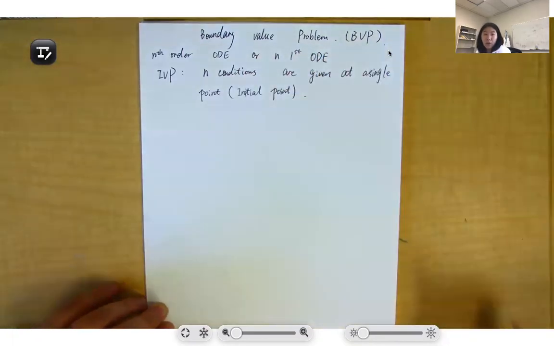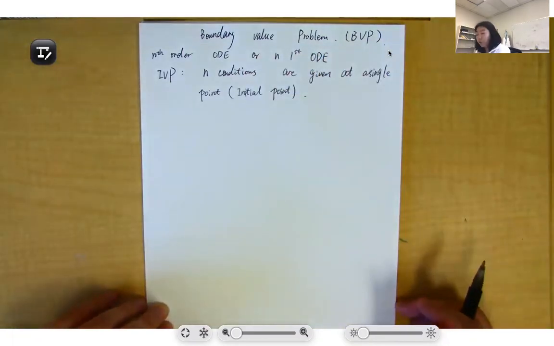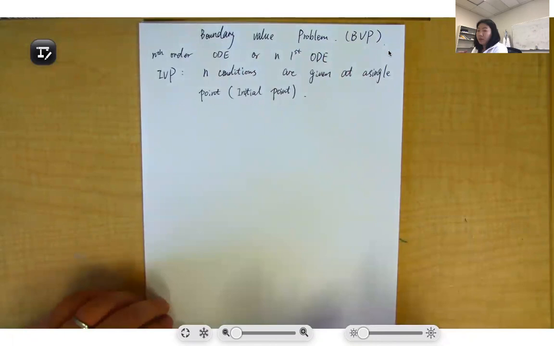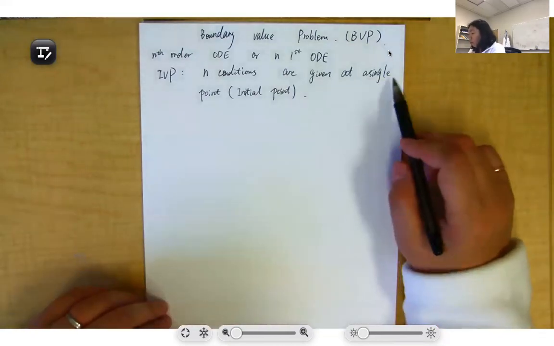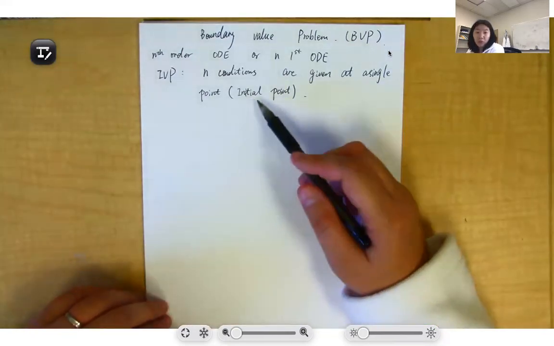So for nth order ODE or n first order ODEs, for an initial value problem, those n conditions make sure that the n arbitrary constants in the homogeneous solution are given at one single point, which is usually the initial point.